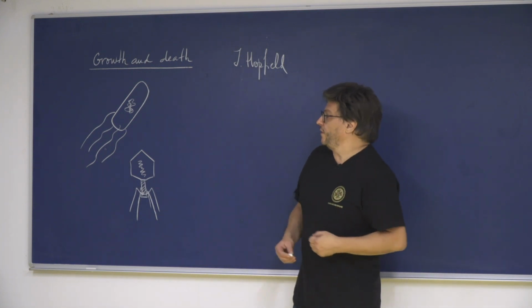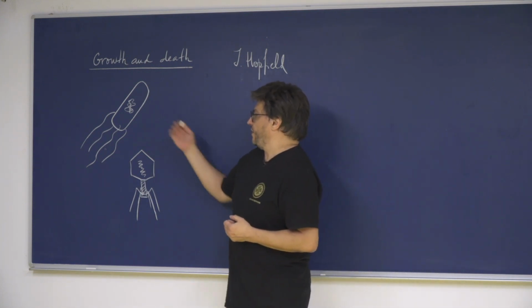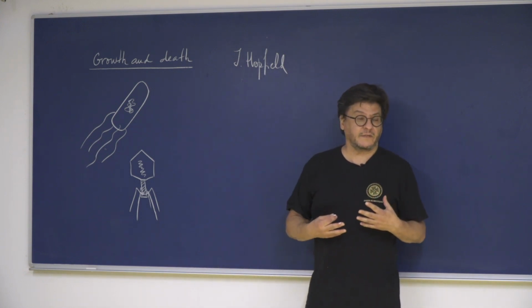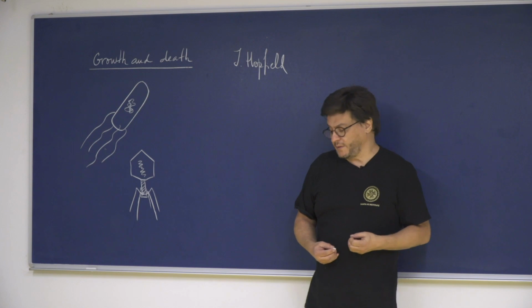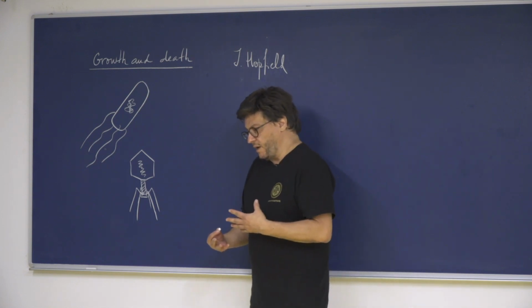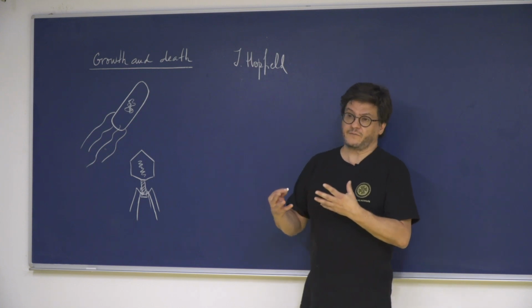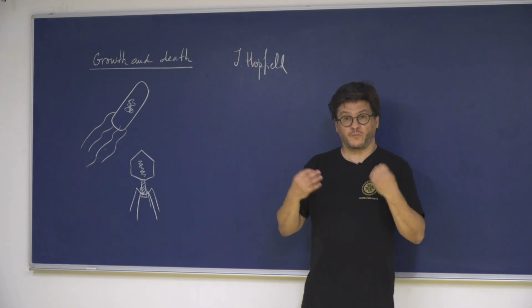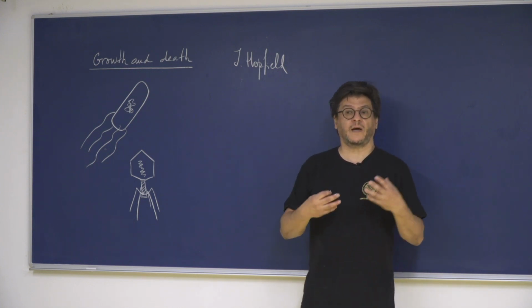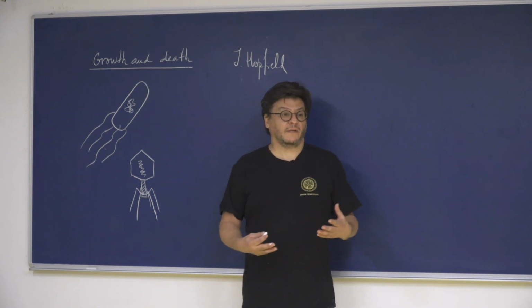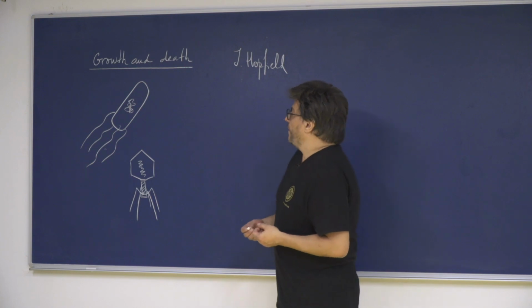In other words, a cell is a system that moves in a given environment, needs to adapt to that environment, needs to take resources, and needs to react. So you need to gather information from the surroundings, you need to process the information, and you have to respond. That's something that is not in the physical, non-living systems.